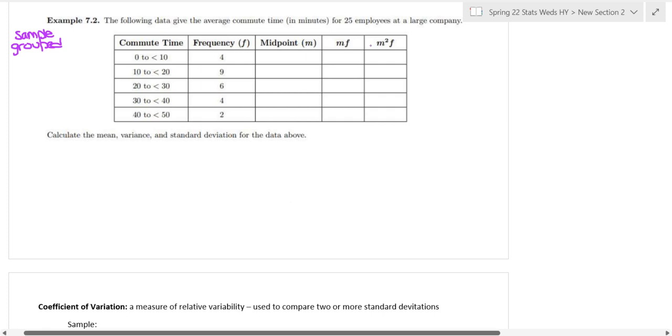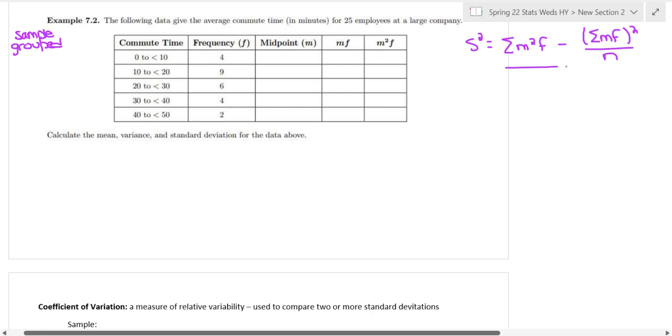Okay, so if you look above, you have that formula for sample grouped. So we can write that over here if we need to. S squared: the sum of midpoint squared times the frequency. We need the sum of midpoint times frequency, squared.